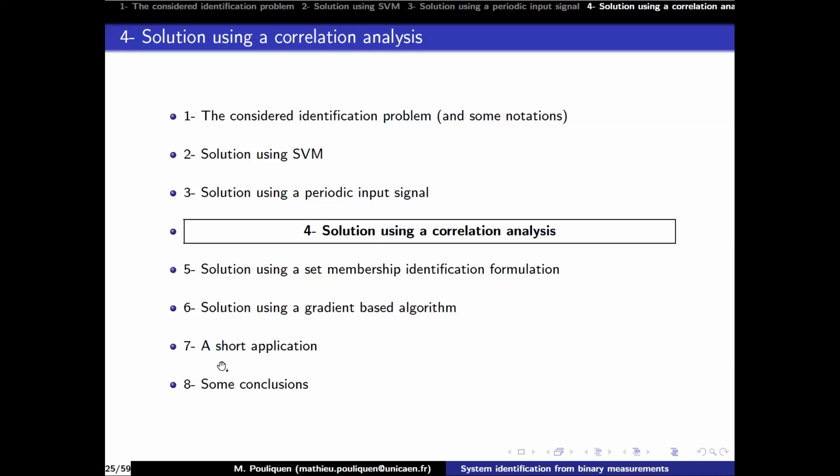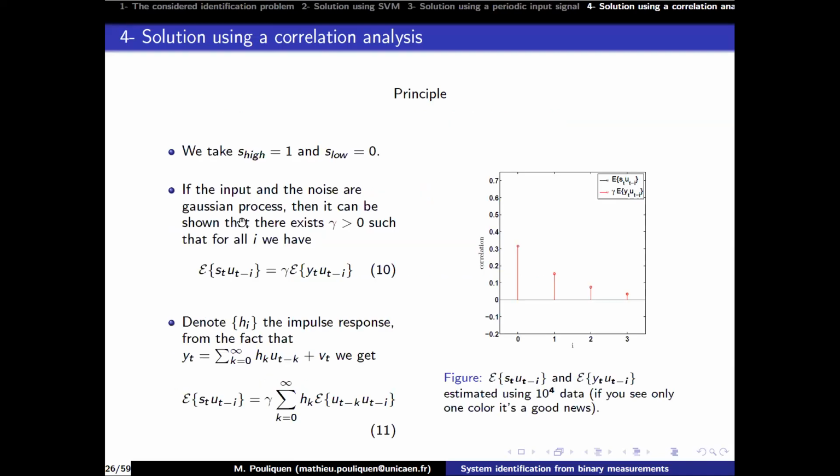Third solution. Very simple. Very simple also. This solution is based on the correlation analysis, and the good news is in 10.